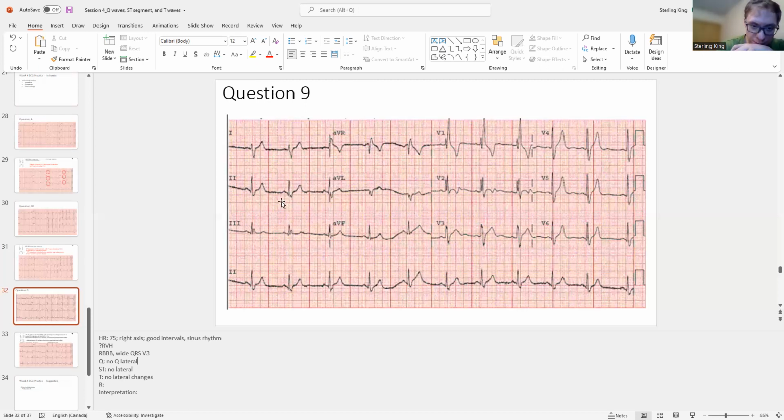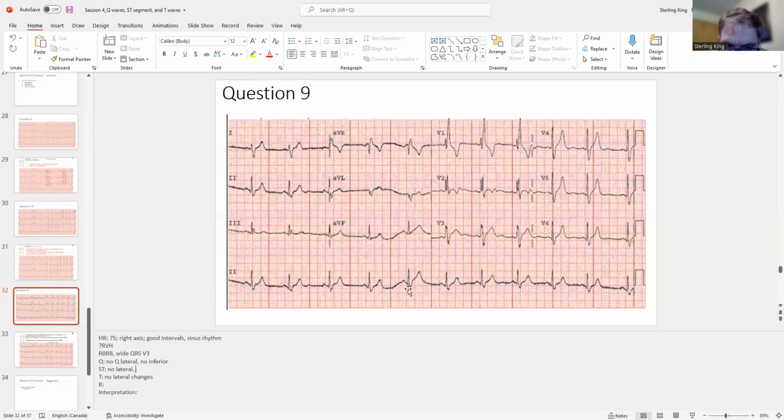Q's inferior. Nope, nope, nope. No inferior ST changes. I also have this guy down here. This is on that line, this is almost on the line, and just below, just below.